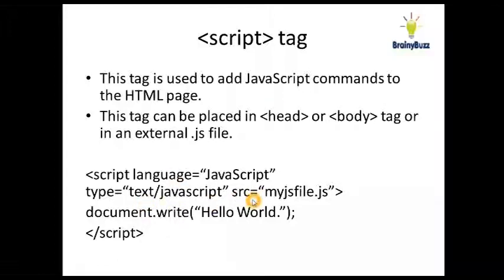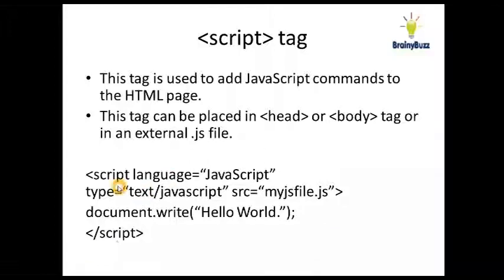Another attribute is src, that is for the source. Over here you will write the path for your .js file. Supposing your JS file is in the same folder where your HTML file is, you don't need to include any path. But if your JS file is somewhere else, then you need to give the complete path. You can also give the relative path where your file is saved.